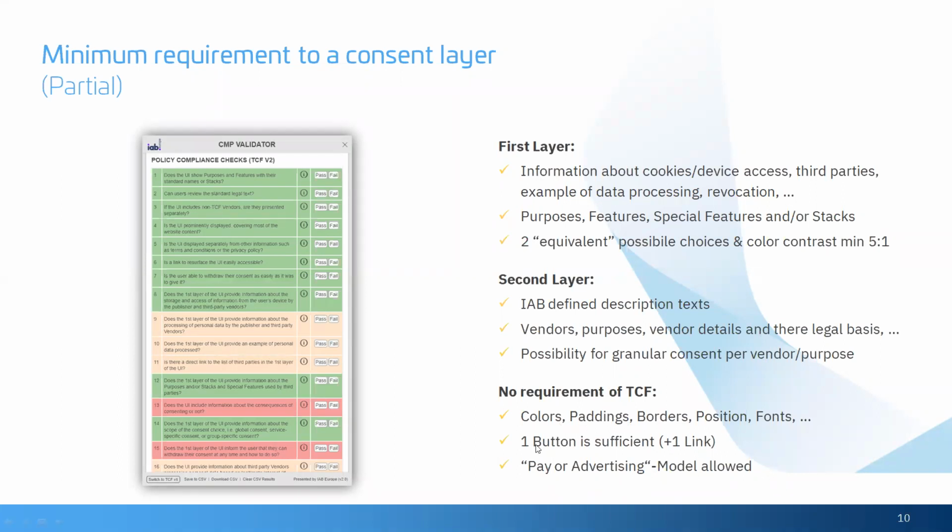The other option can be a link, as long as the link is of the same importance, let's say, as the button. So you cannot have a big OK button and a small reject link. If you have a button and a link, then both need to have, for example, the same font size. You cannot make one bold and the other one cursive or something. So they both need to be equivalent.